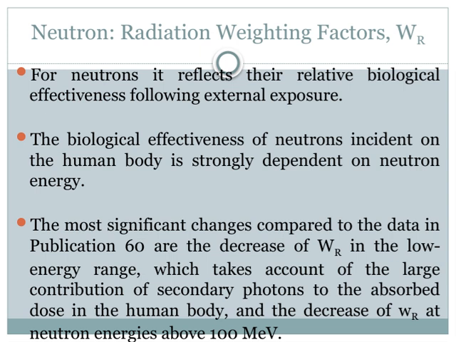This change accounts for the fact that secondary photons, those are the gamma rays produced when neutrons interact with matter, contribute significantly to the absorbed dose in the body at these lower energies. Additionally, for neutrons with energies above 100 MeV, we've also seen a decrease in the WR, or the weighting factor.